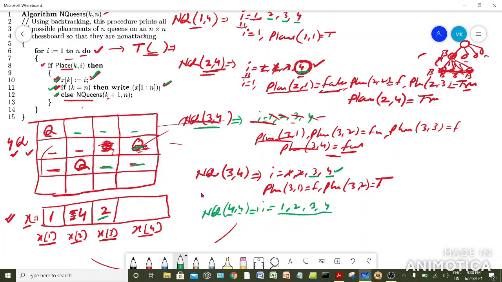Yes, no. Now place of 4 and 1 will be false. Okay, unplaceable. Then place of 4 and 2 again will be false, cannot place. Place of 4, 3 again will be false. Then place of 4 and 4 will be false again.